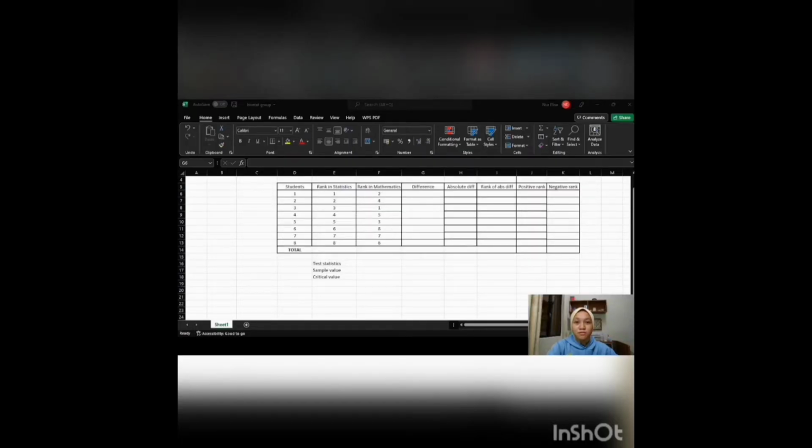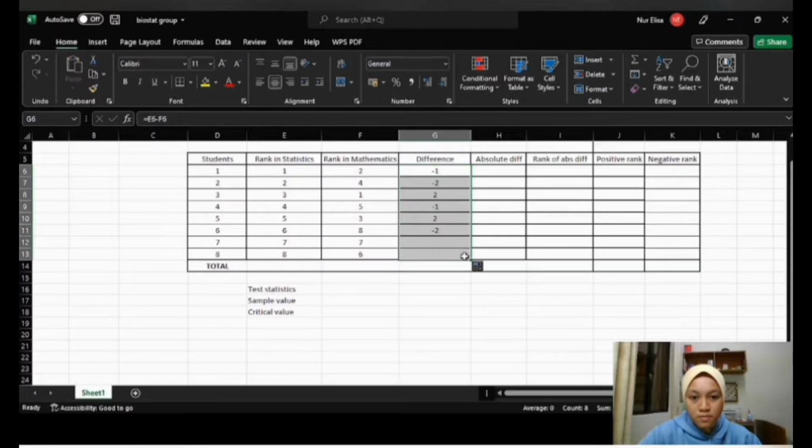Now, I will show how to calculate using Excel. So here we have 8 rows for rank in statistics and rank in mathematics. So first, I'm going to calculate the difference, equal rank in statistics minus rank in mathematics. And I will copy the formula. So you get the difference value.